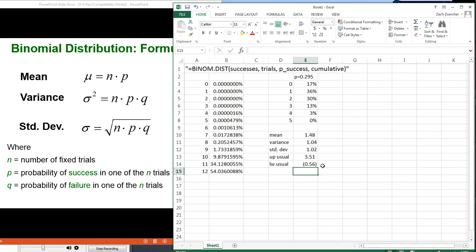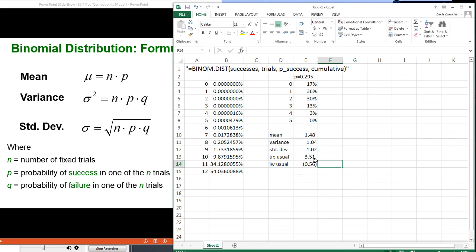So here's the deal. It would be usual for a batter with a batting average of .295 going up to bat 5 times in a game to have a number of hits in a game of 0, 1, 2, or 3. 0, 1, 2, or 3 are within this range. 4 is outside of the range, so is 5.